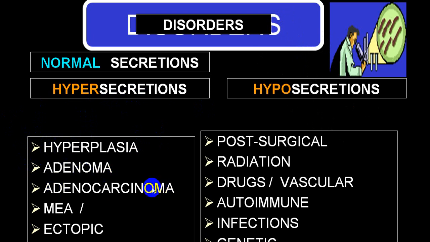or malignant tumors of those secreting glands, adenocarcinoma, or sometimes in a person who has multiple endocrine adenomas, called multiple endocrine adenomatosis, where you can have a pituitary, a thyroid, and an adrenal gland tumor together. That is called MEA, multiple endocrine adenomatosis.